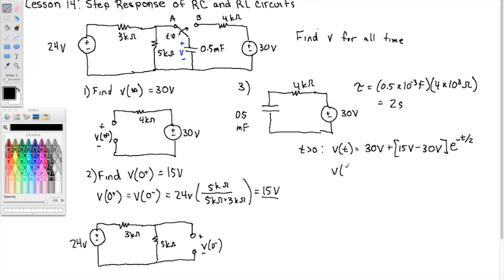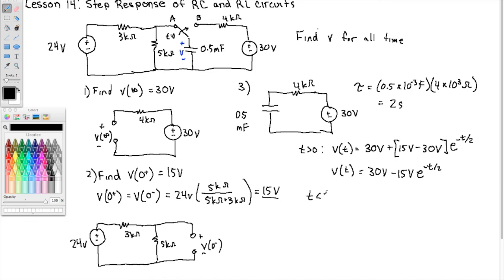All right, so V of t is 30 volts minus 15 volts e to the negative t over 2. And again, that was at t greater than 0.